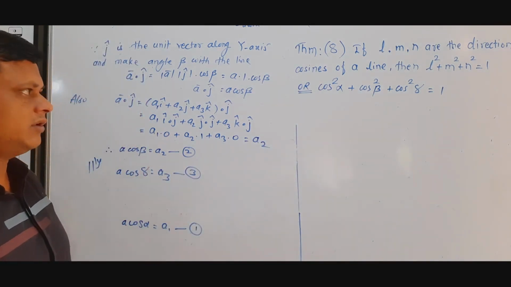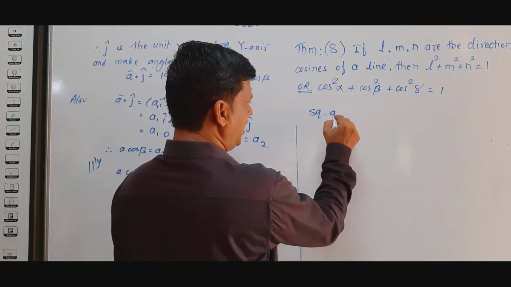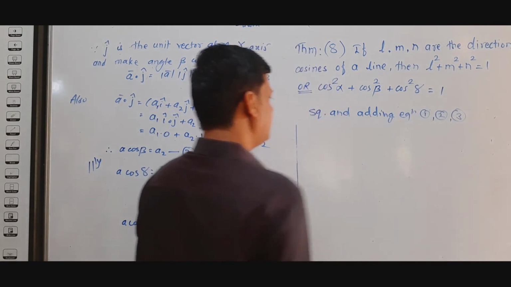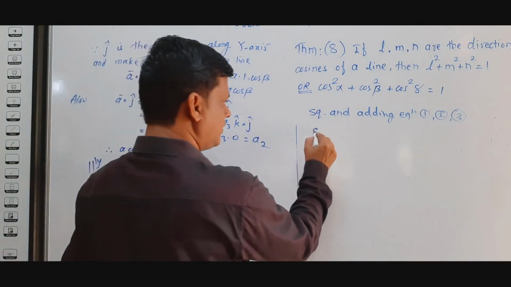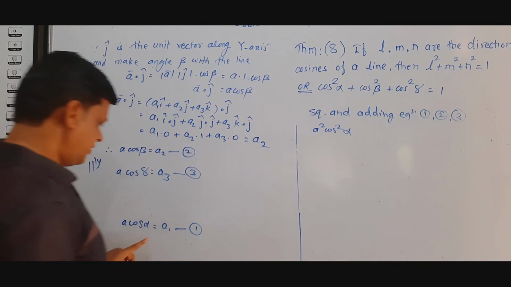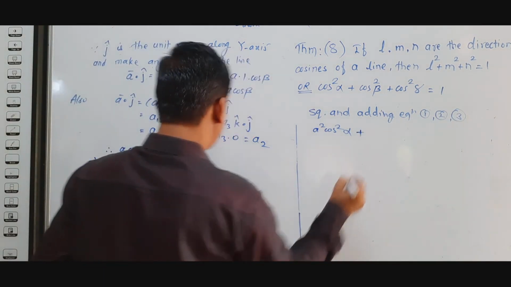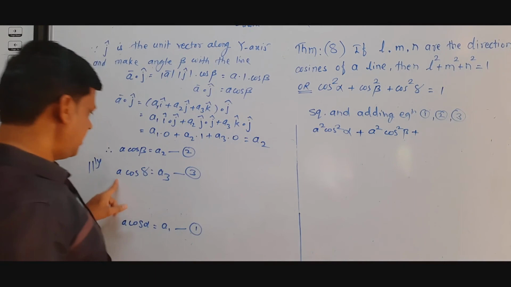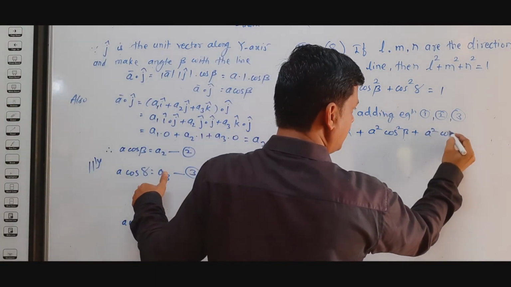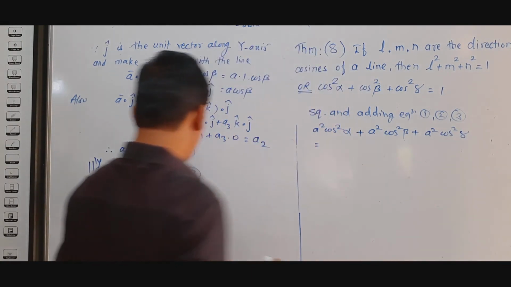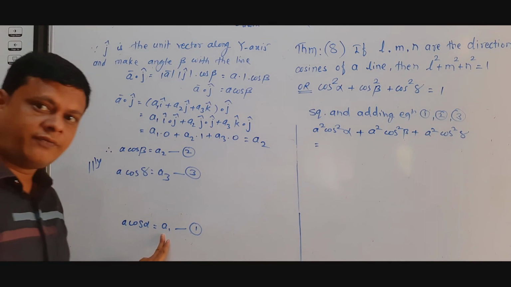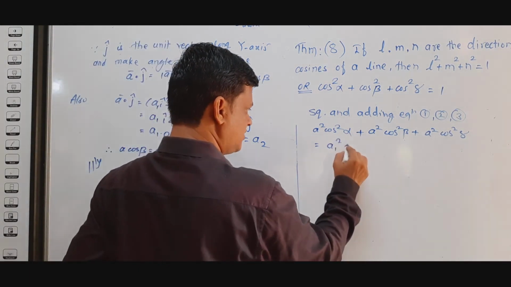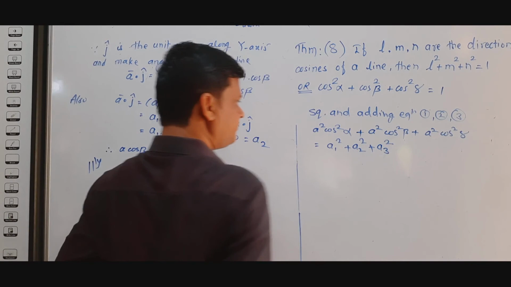So squaring and adding equations 1, 2, 3, we get A square cos square alpha plus A square cos square beta plus A square cos square gamma is equal to, on the right hand side, A1 square plus A2 square plus A3 square.